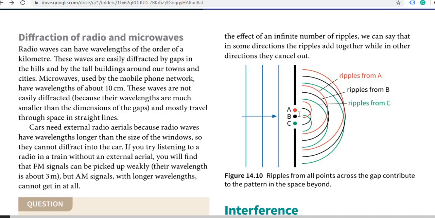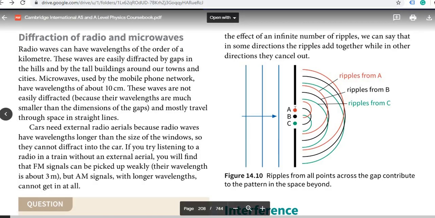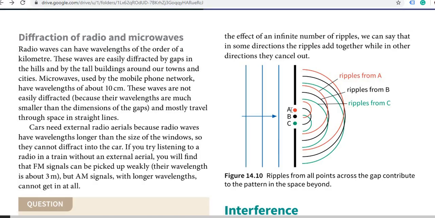Okay, previously I was explaining it assuming that this is the separation between this gap and this gap, but that is not the case actually in this diagram. But the previous explanation is also fine. Here it's only one gap, and they are referring to 3 points on the gap, A, B and C. So it will come like this, then at B it will come like that, and at C it will be like this.